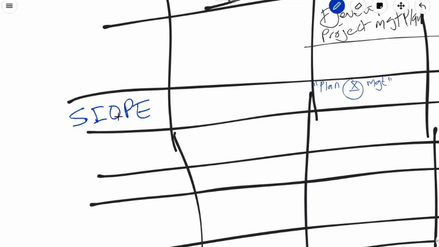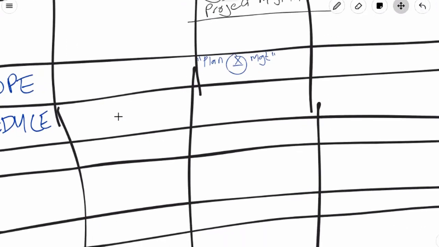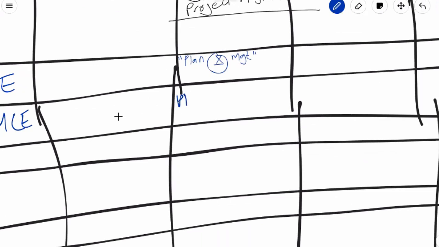Here's another example. Schedule. The very first process you encounter in schedule management is plan schedule management. See? Plan schedule management, where schedule is the X. Excuse my horrid writing there.